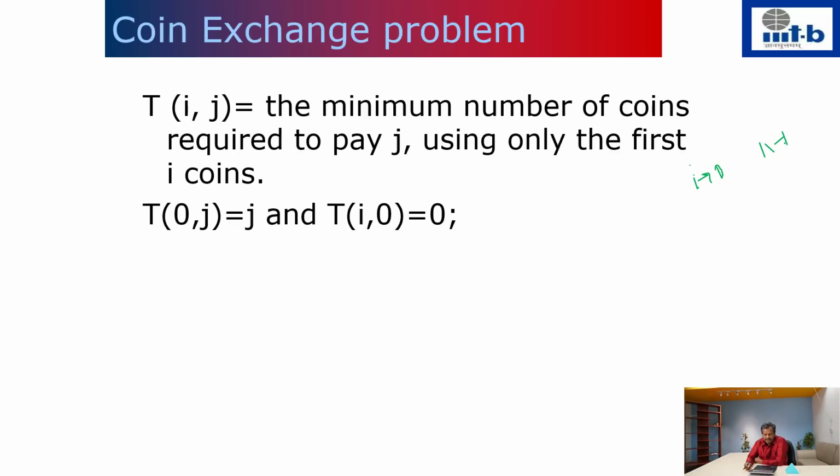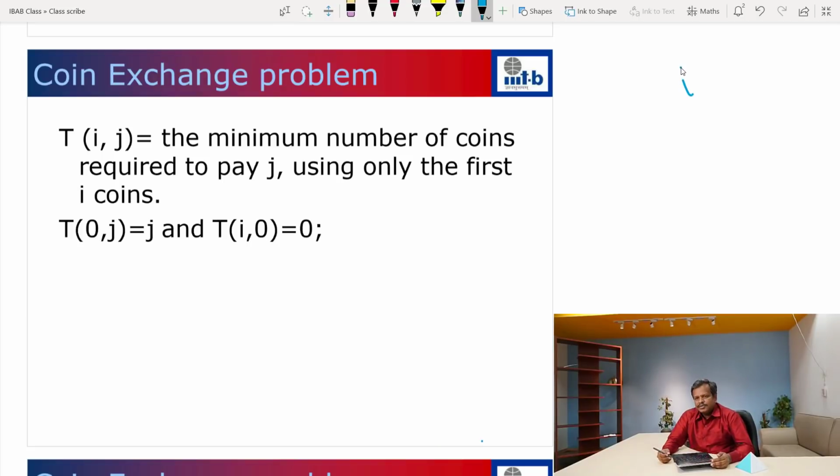For every j, if I am allowed to use only coins of value 1, then the number of coins that I need to pay for j is exactly equal to j. So, for every value of j, T of 0 comma j is j, and if j is 0, that means I have to pay for value 0, then it does not matter how many coins I can use, T of i comma 0 is always going to be 0.